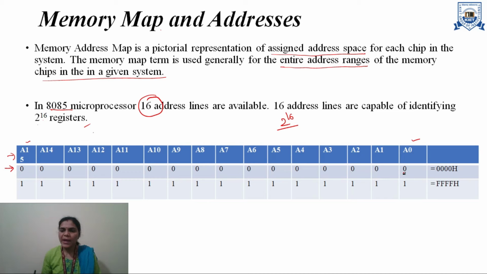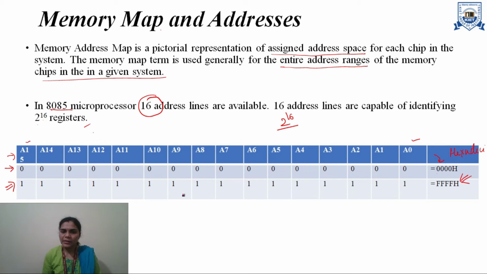So the minimum address for this chip will be 0000 in hexadecimal notation. Whereas if all the 16 lines have ones, then this will form the maximum address for the given chip with 16 address lines.